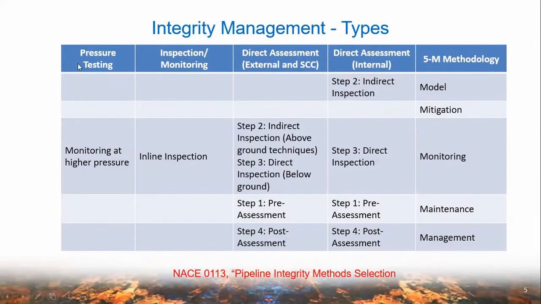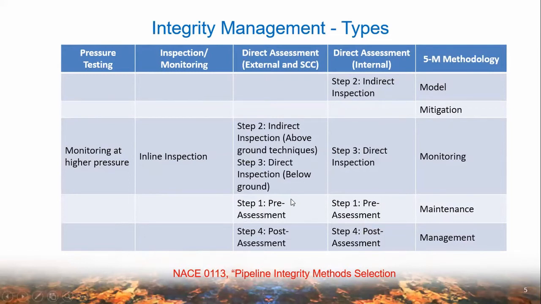The second most common method is inspection. Inline inspection is very popular for piggable pipelines. For non-piggable pipelines, NACE has developed the DA program or the Direct Assessment Program, which has 4 steps. Step 1, pre-assessment.